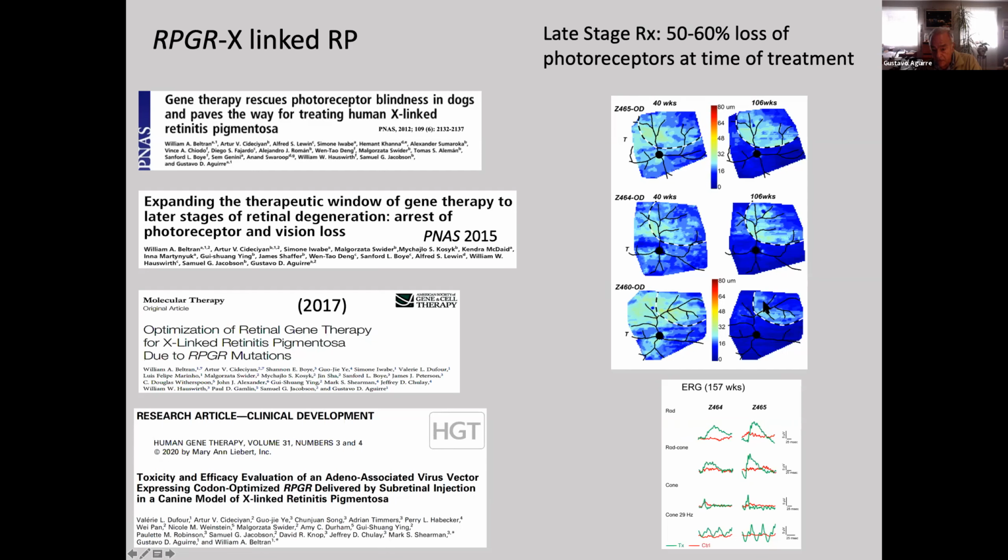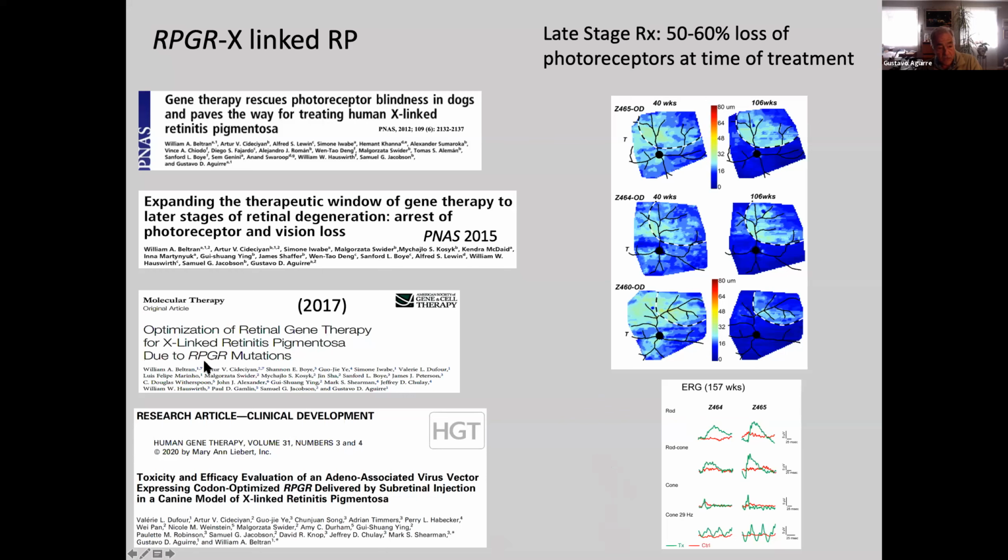You see that here. This is a lower dose and it was not as effective here. The ERG is, again, roughly 3 years after treatment. You've had preservation of rod and cone function in the treated eye and absent function in the untreated eye.